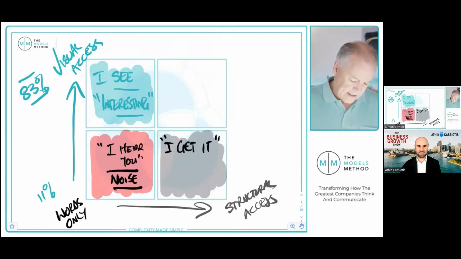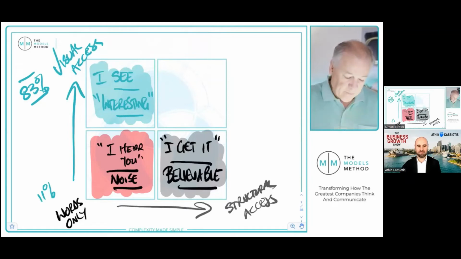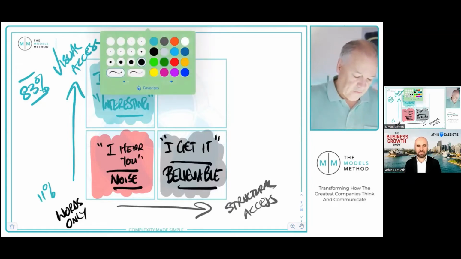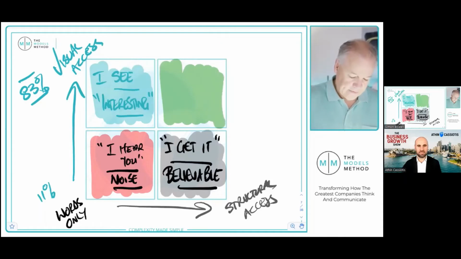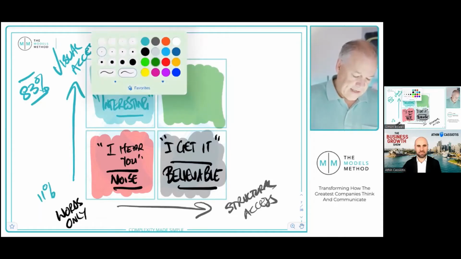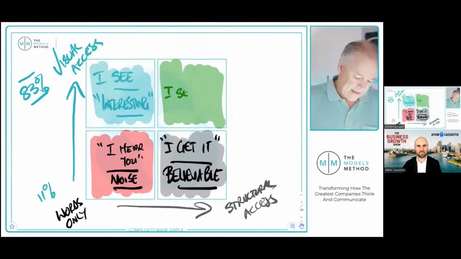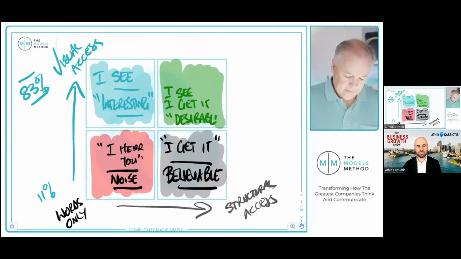And that's believable. So if we can put people up in this top right green quadrant, where they say, "I see, I get it," it becomes desirable. Should have done the other way around.